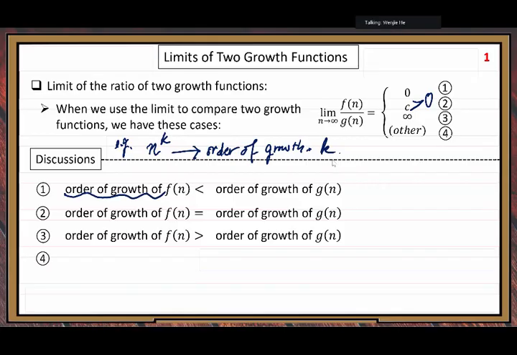Case 4, the limit does not exist. When the limit does not exist, we cannot make a conclusion. We do not have any conclusion.